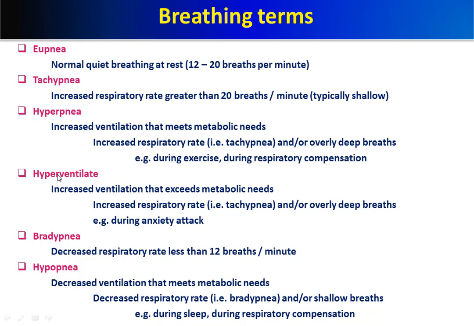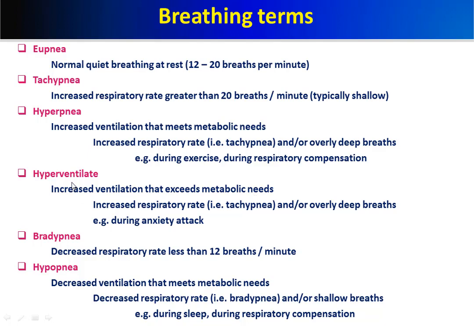Now, hyperventilation is another breathing term which means increased ventilation. So what's then the difference between hyperpnea and hyperventilation? The difference is that hyperpnea is increased ventilation to meet the metabolic requirements of the body, whereas hyperventilation is also increased ventilation, but now the increased ventilation has exceeded the metabolic requirements of the body.